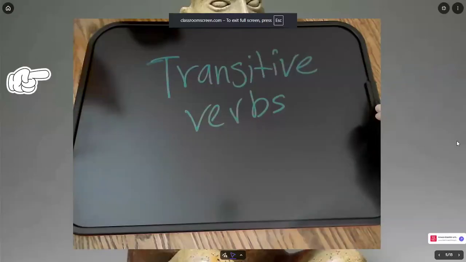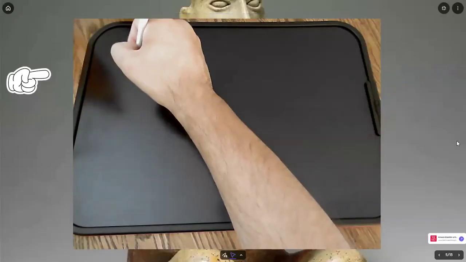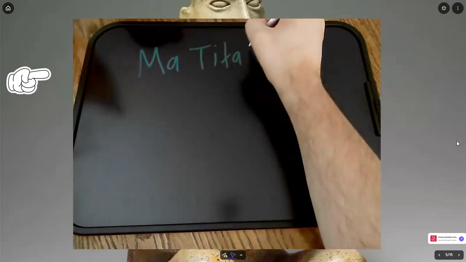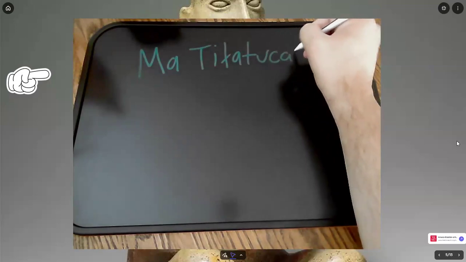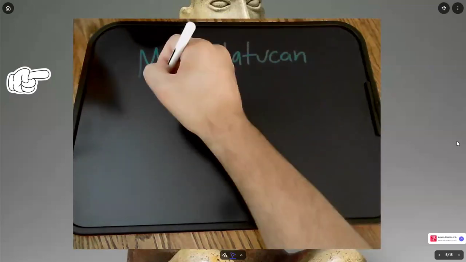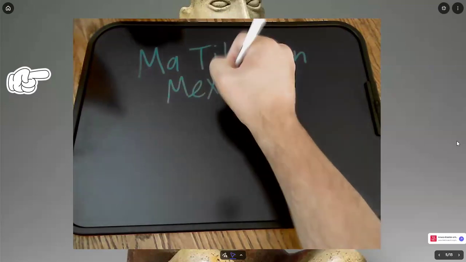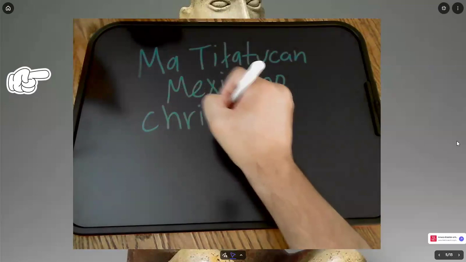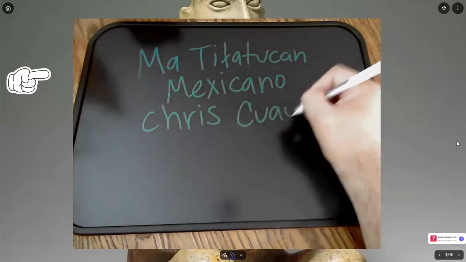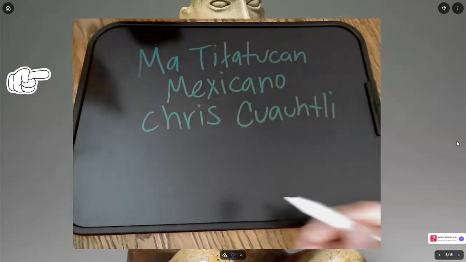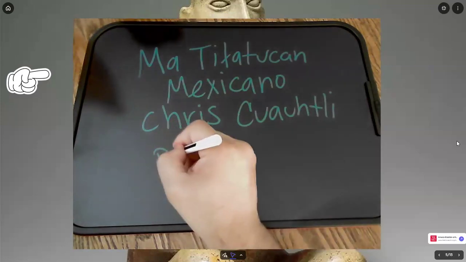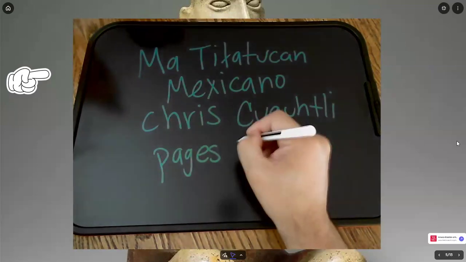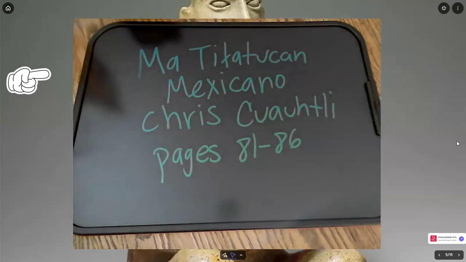If you have the book, which is called Madi la Toca Mexicano by Chris Qualfley, you can find it on Amazon. Review pages 81 through 86.